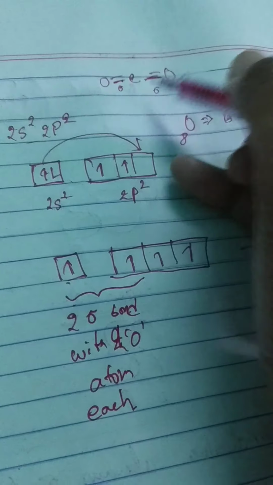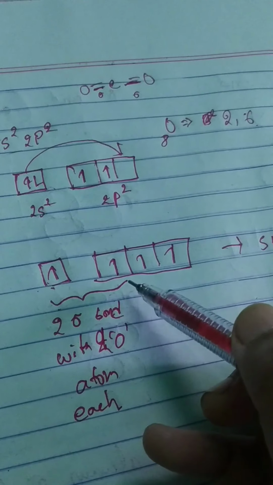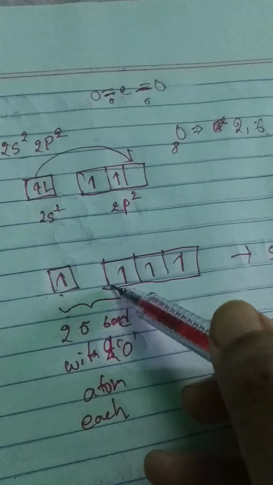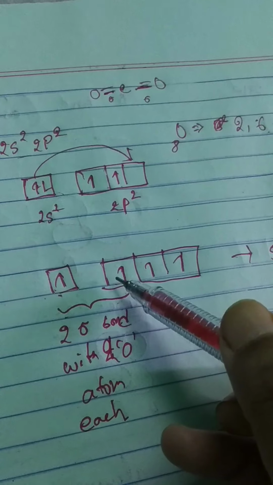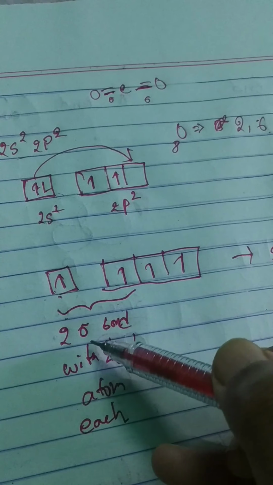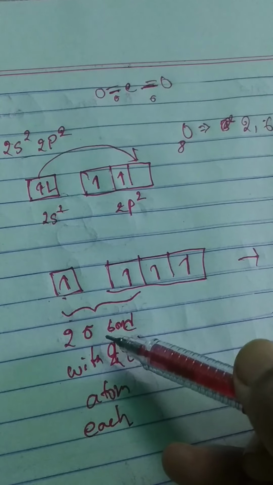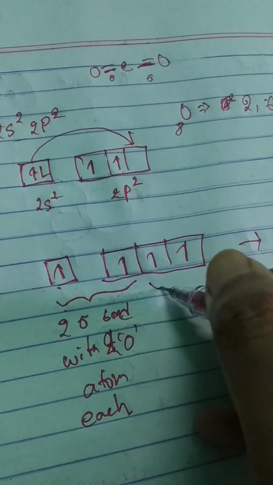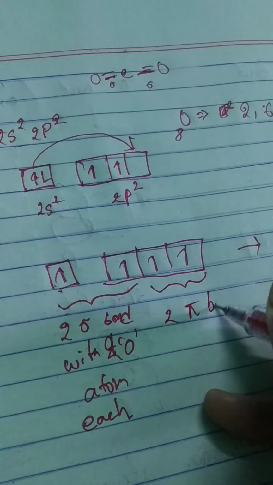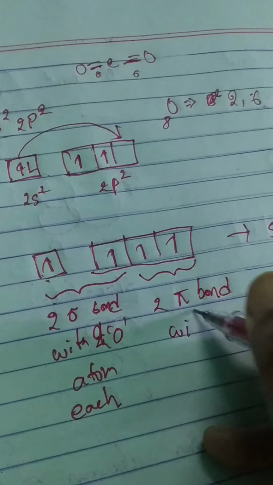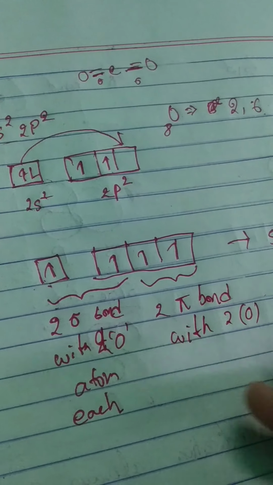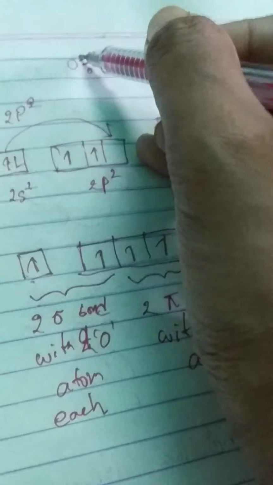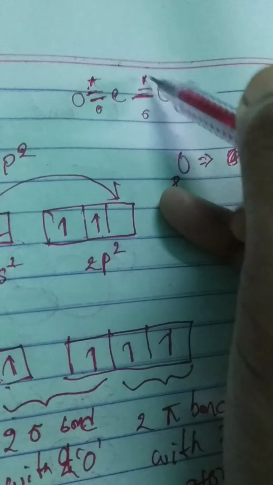Suppose these 2 electrons are participating in the covalent bond where head to head overlap is happening. So these two electrons are mutually shared with the other two electrons, where there will be head to head overlap and they will form sigma bond. And now suppose I am talking about these two electrons, which form two pi bonds with the two oxygen atoms each. Suppose I am taking the pi bonds. So pi bond means side to side overlap.